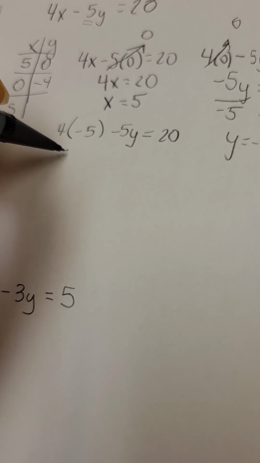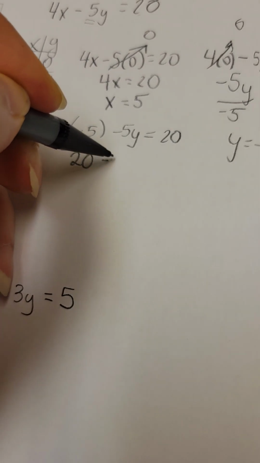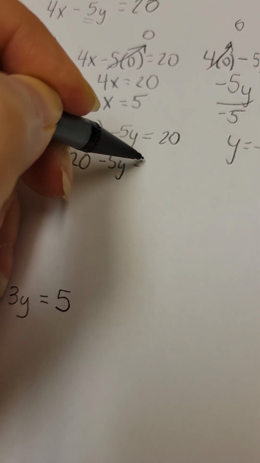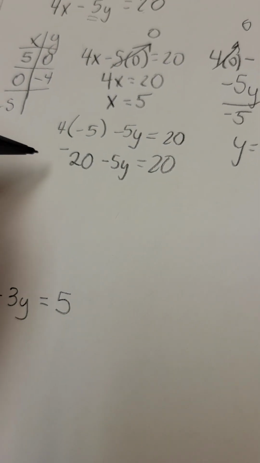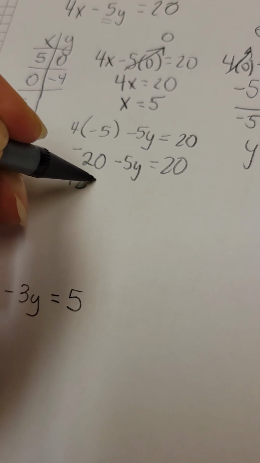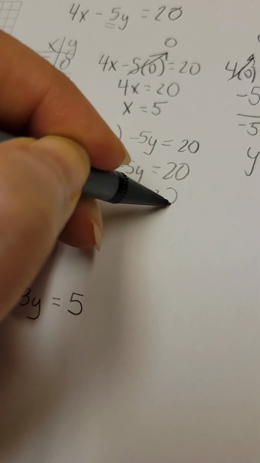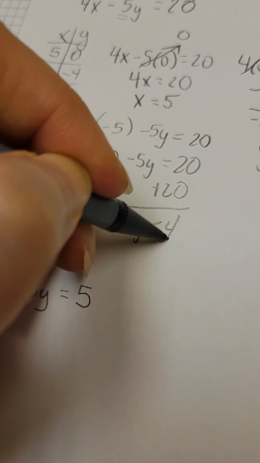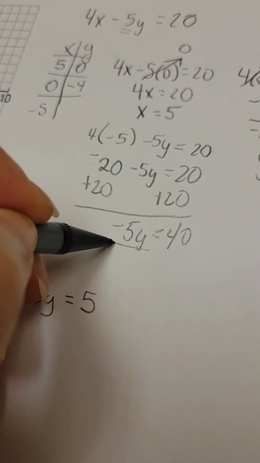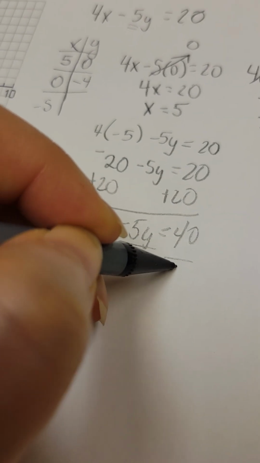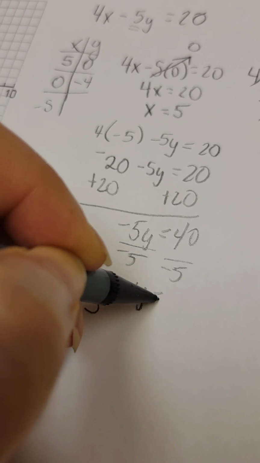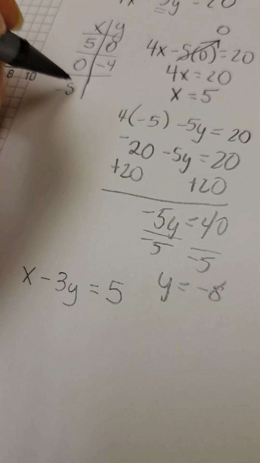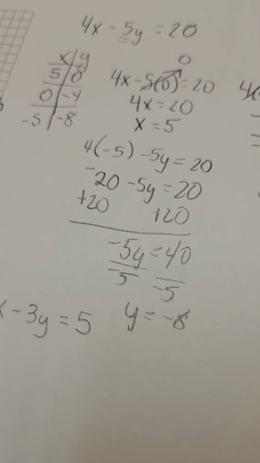So negative 20 minus 5y equals positive 20. We're going to add 20, add 20. Negative 5y equals 40. Divide by negative 5. Y equals negative 8.